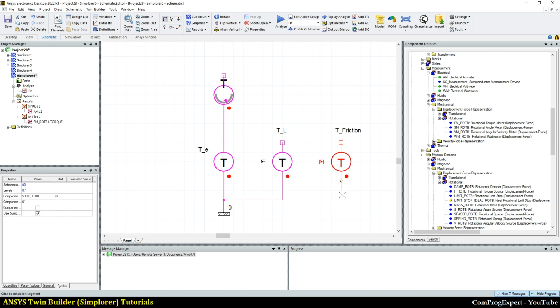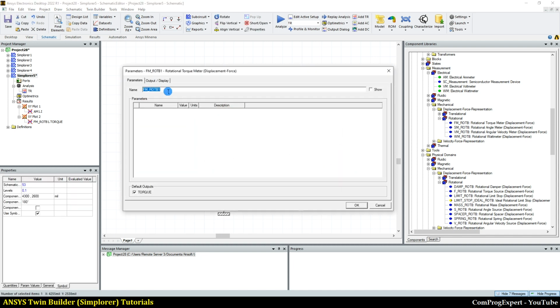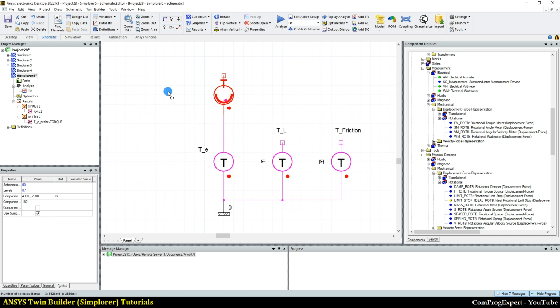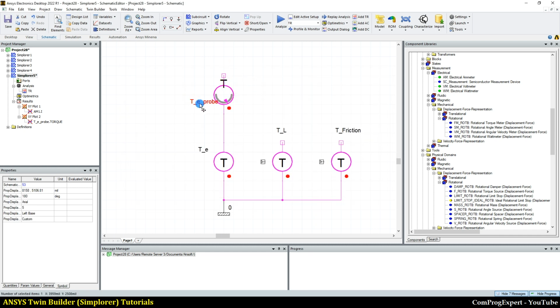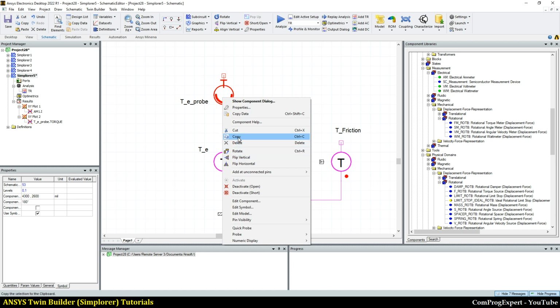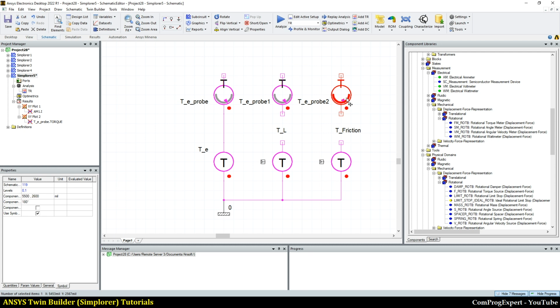Connect this to the ground and this to the ground, and here let's use this torque meter here, TE probe, show the TE probe, copy, paste, because later I am going to plot the torque waveforms for these three kinds of torques that we have.